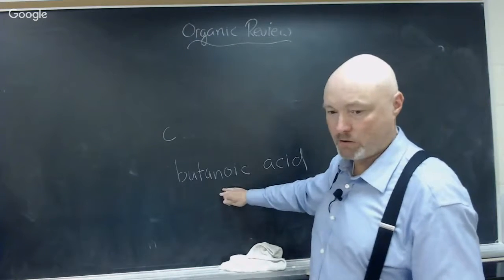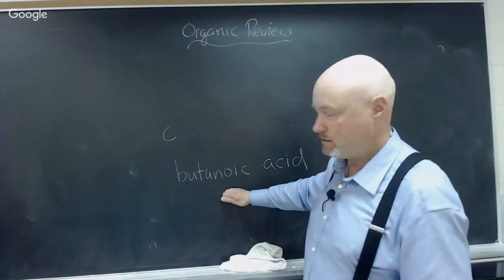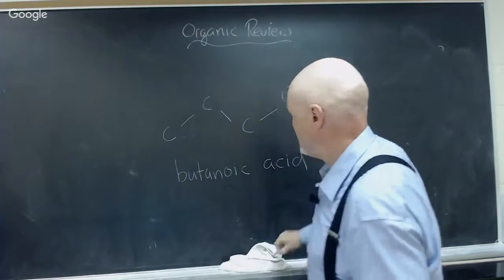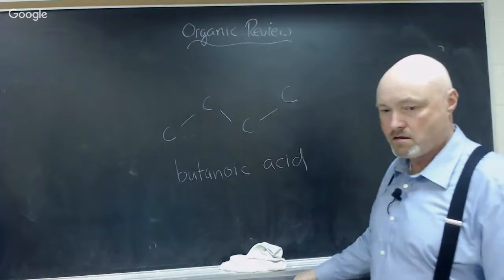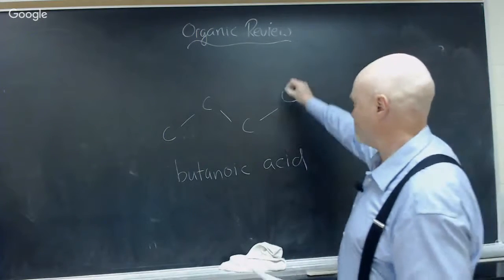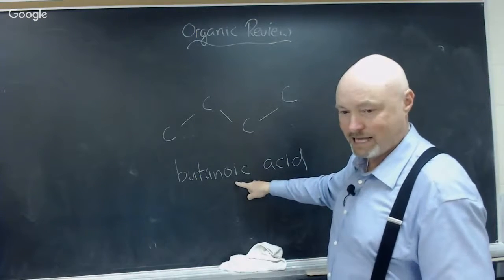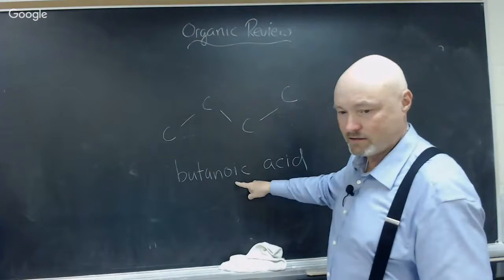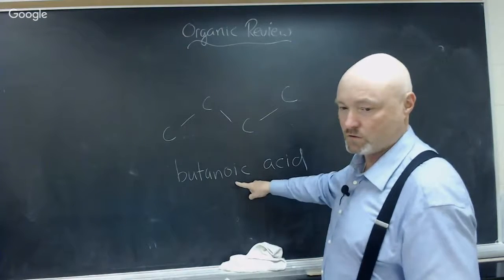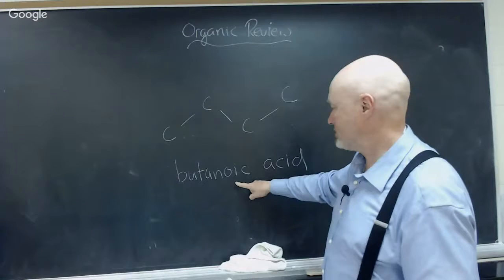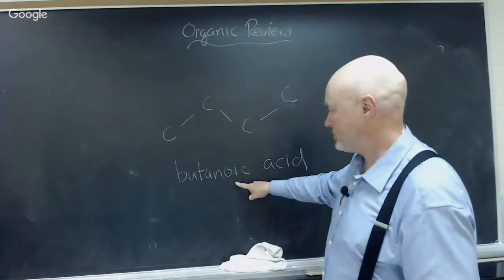How big is our backbone? Four. So we have a four carbon backbone. Oic acid, making up that functional group. Do you remember what these are called as a class? I remember butanoic, but I forgot what kind of class it is.